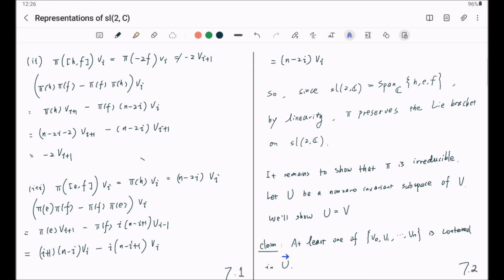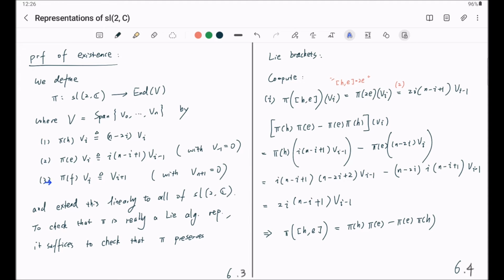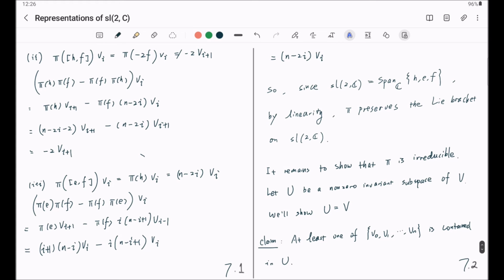Once we have shown that at least one of these n+1 vectors is contained in U, we're going to use number 2 and number 3, the pull back and push forward of vectors, to show that everybody here is contained in U, which forces U to be equal to V. So that is the idea of the proof.